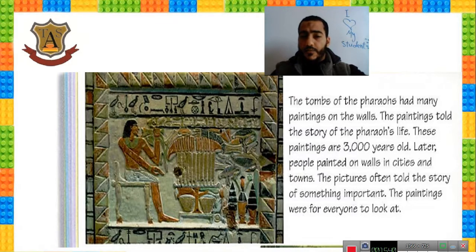Later, people painted on walls in cities and towns. The pictures often told the story of something important. The paintings were for everyone to look at. Everyone can look at paintings.